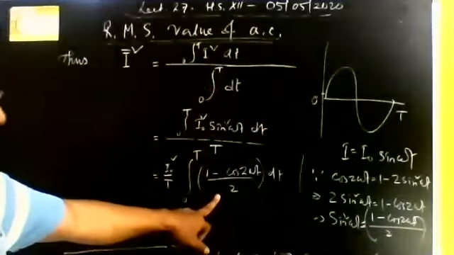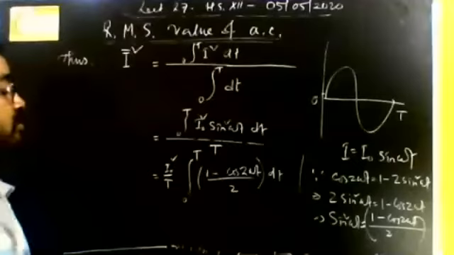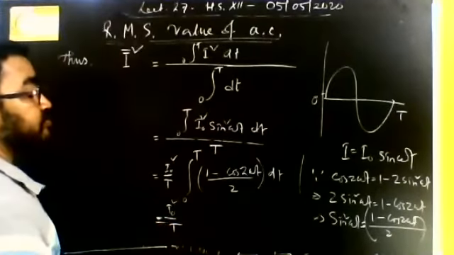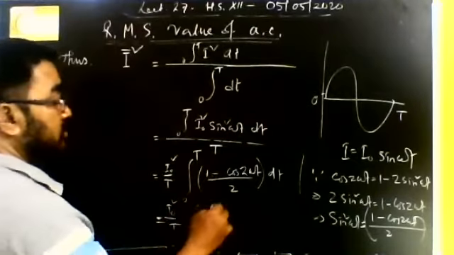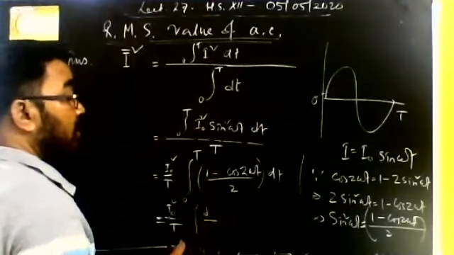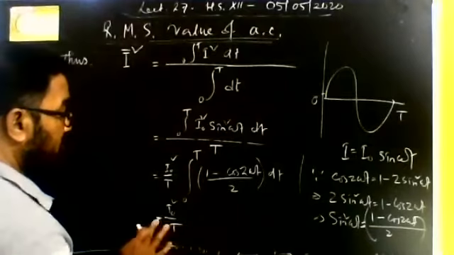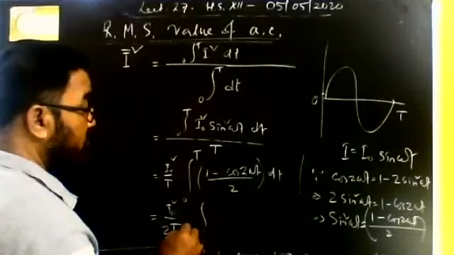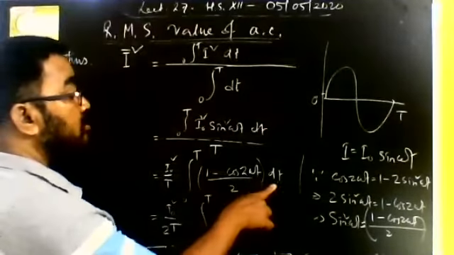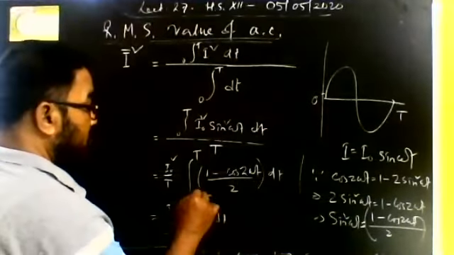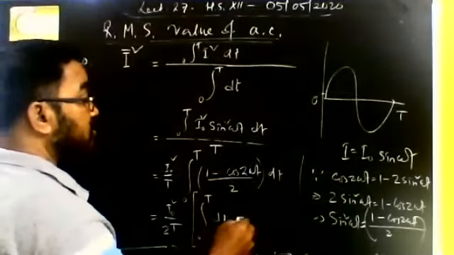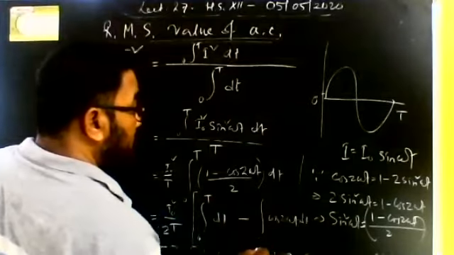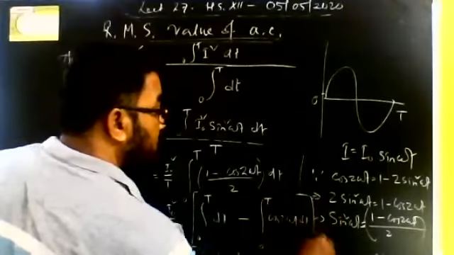So putting this value, okay. Now you are to integrate I naught square by T. You can take 2 outside this integration sign. Then dt will be there. Suppose we are separating this, 1 dt and minus cos twice omega t dt, 0 to capital T, like this.